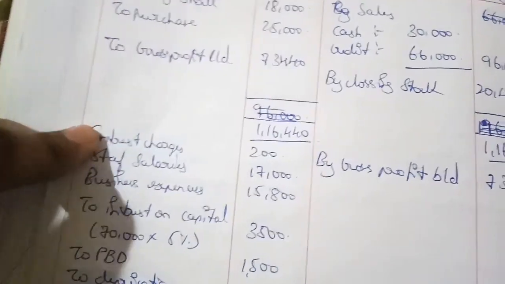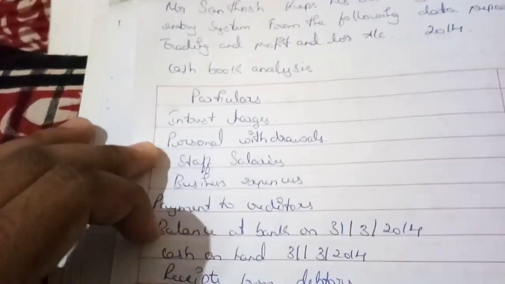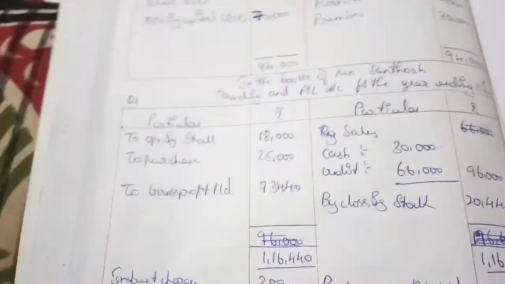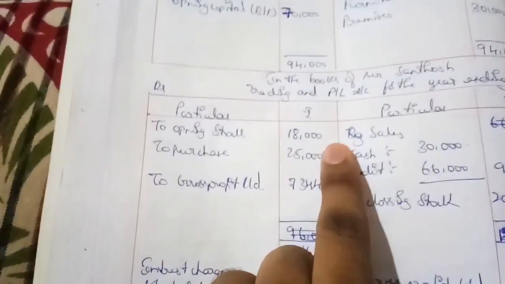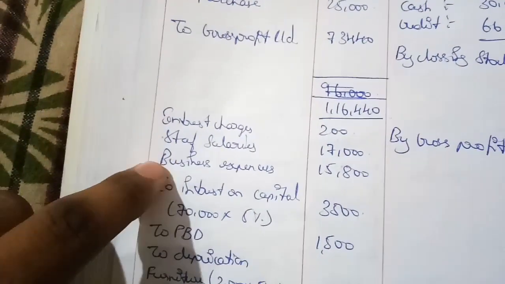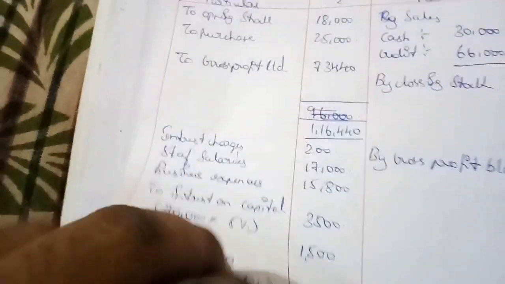And here the cash analysis book, see, in this cash analysis, personal withdrawal will not come in profit and loss, because he had taken it for himself, so it is not an expense. So in profit and loss, drawings are not included. So interest charge, staff salaries, business expenses, and interest on capital. From where did all this come?